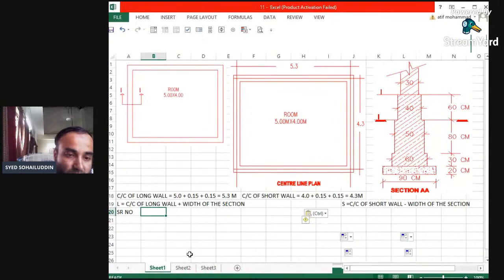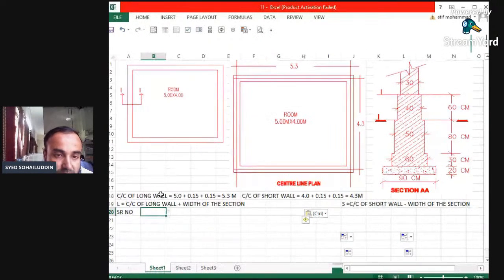UCR, uncoursed rubble masonry step one, is being used here, and the length of this first step is again the center to center distance of the long wall. L stands for long wall, S stands for short wall. Again, the center to center distance of the long wall has been mentioned here as 5.3, plus the width of the first step of UCR.